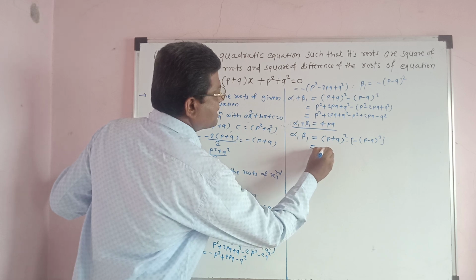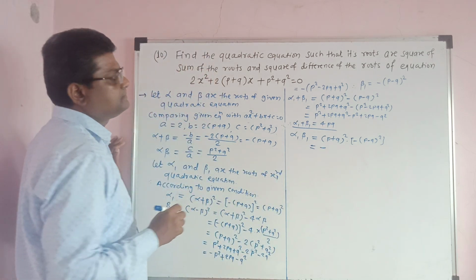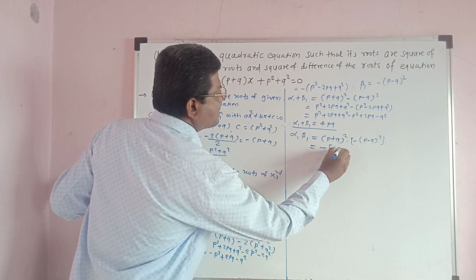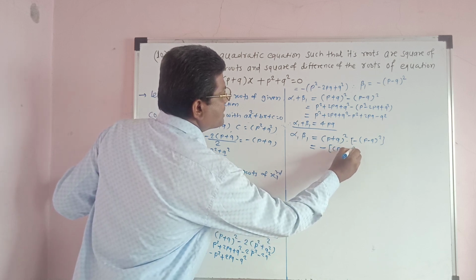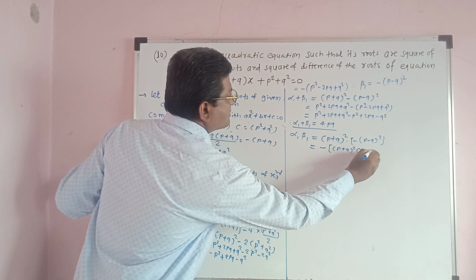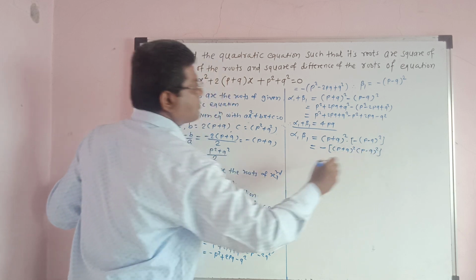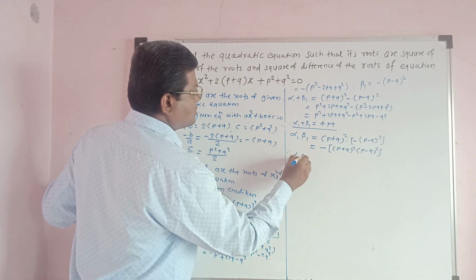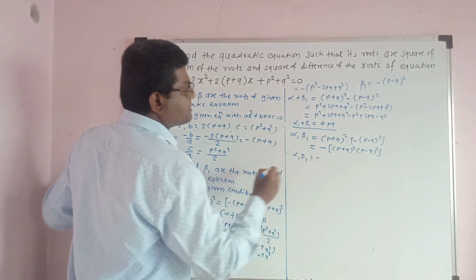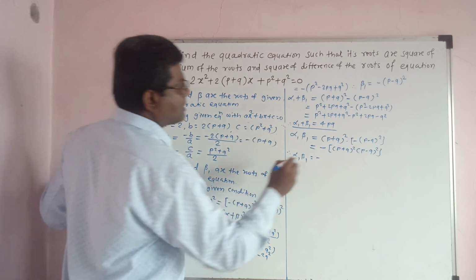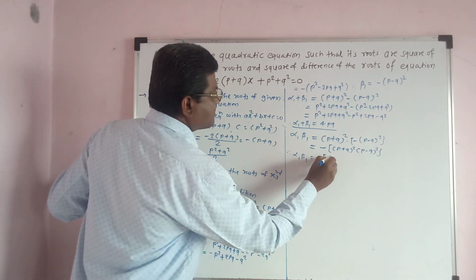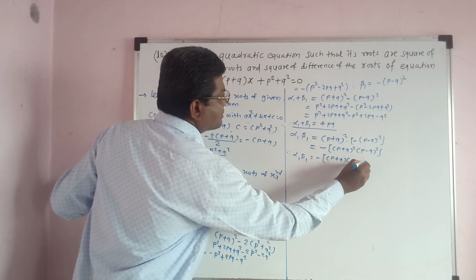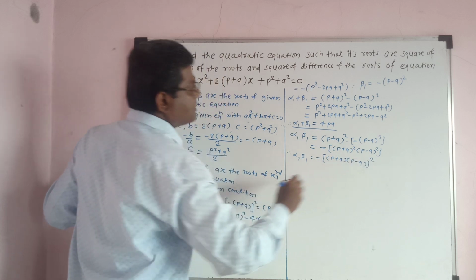Take this minus sign at first: in bracket p plus q bracket square into p minus q bracket square. Therefore alpha 1 into beta 1 is equal to minus, and take (p plus q) into (p minus q) square as common.